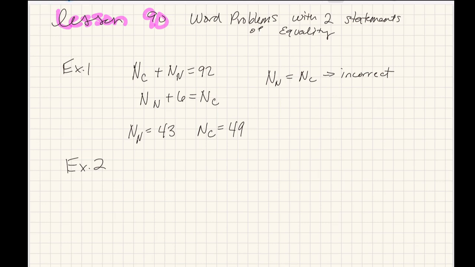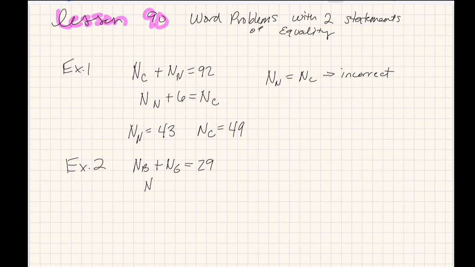Example number 2. The number of boys in Sarah's class exceeded the number of girls by 7. If there is a total of 29 pupils in the class, how many were boys and how many were girls? So let's start with what we do know. We know that the number of boys plus the number of girls equals 29. We also know that the number of boys does not equal the number of girls.